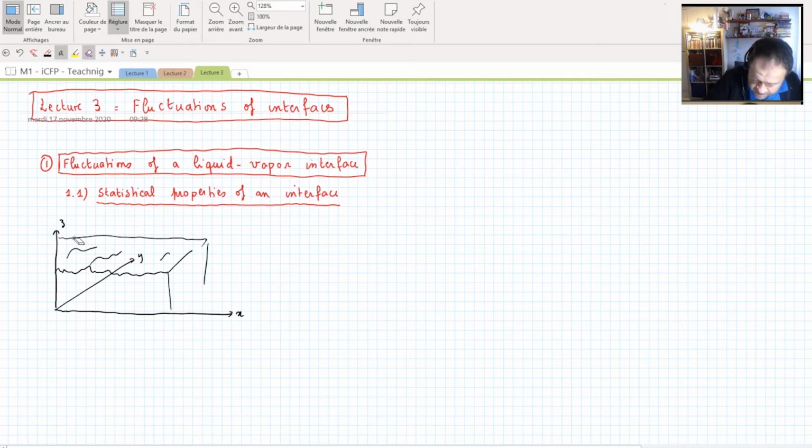What we want to describe are the capillary waves, the thermal capillary waves at an interface.